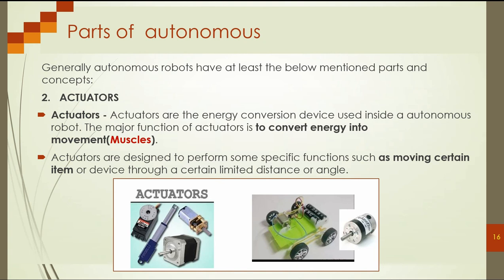Actuators are also designed to perform some specific function, like moving an item or device through a certain limited distance. So anything related to converting one type of energy to another type, we can say it's the actuators.